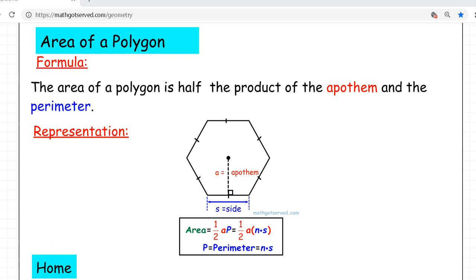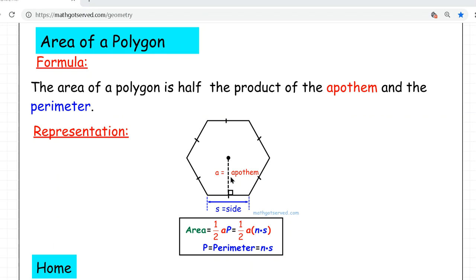All right, so the formula for finding the area of a polygon is half the product of the apothem multiplied by the perimeter. Think about the apothem as the measure from the center of the regular polygon to the midpoint of one of the sides.